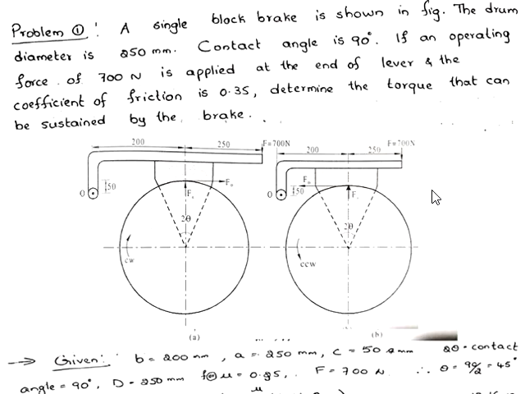Now refer to figure C in the data handbook. In figure C, the clockwise direction of the disc and the direction of force are opposite to each other. I am telling you again. In this figure, the counterclockwise direction and F are opposite to each other, but in figure C, the clockwise direction and the direction of force are opposite to each other.